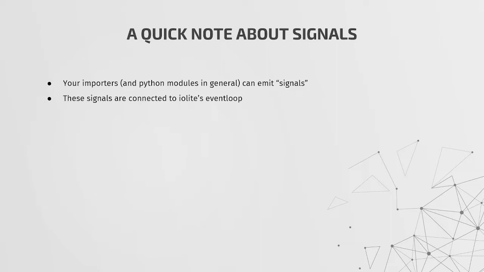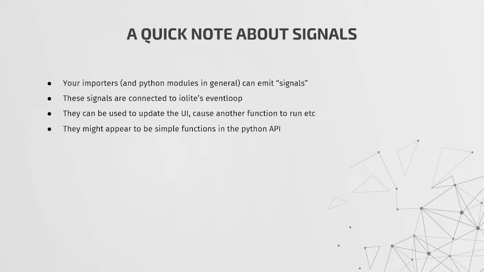When it finds them, it will execute some bit of code, or it might update the user interface. You can link into that by emitting signals from your modules. As I mentioned, they can be used to update the user interface or call other functions, potentially. They're a little bit hard to tell from regular functions, because they look just like regular functions.